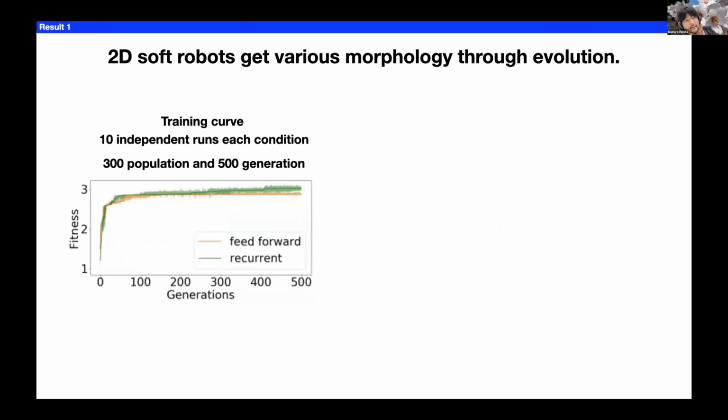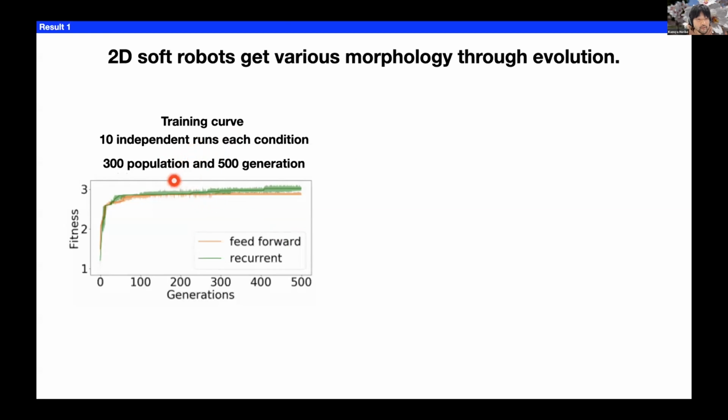So the first result is that we run the neural cellular automata for growth. This is a training curve with 10 independent runs for each condition.